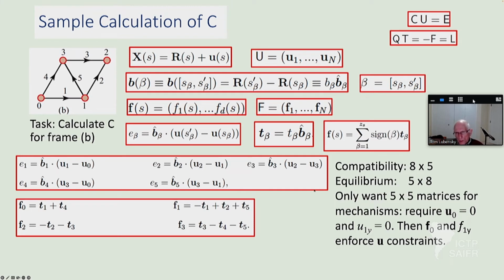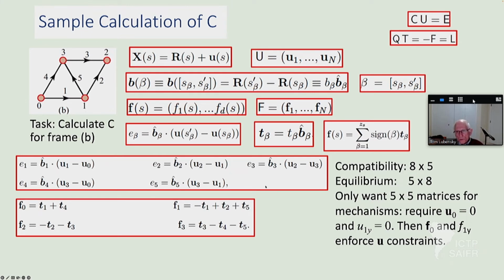So we have an 8x5 dimensional compatibility matrix and a 5x8 dimensional equilibrium matrix. That gives us a little bit of a problem when we're discussing what the mechanisms of this type of structure are. It's better to doctor this up, doing the same thing we did for the bridge we were talking about: clamp this one down and allow this one to go back and forth, but not up and down.